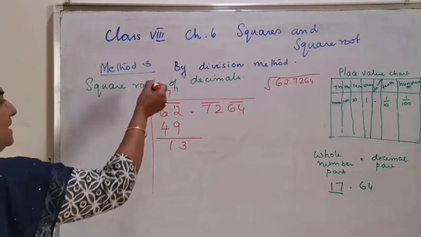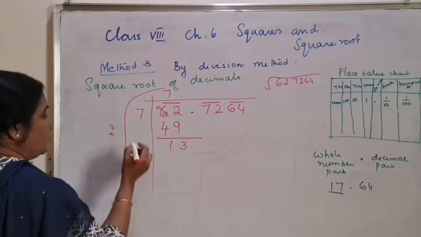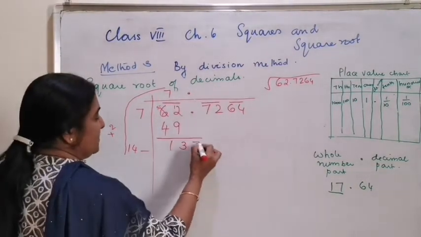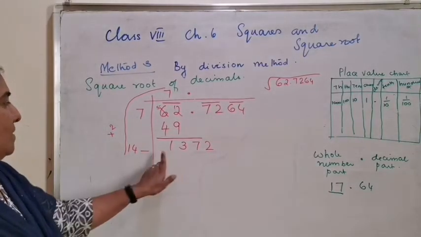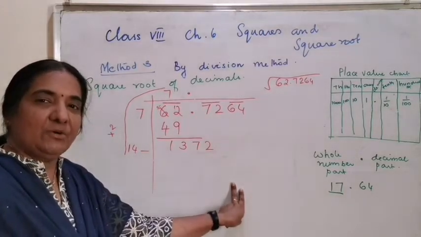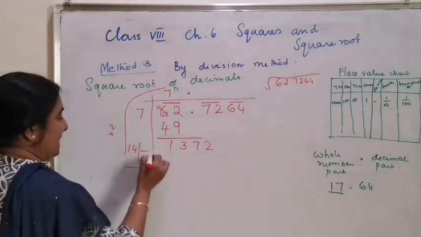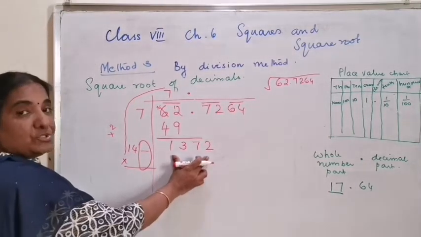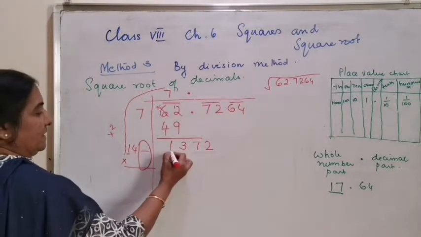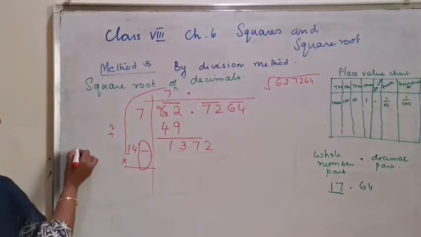Next, the double of 7, that is into 2 is 14, and 2 digits of 72 is coming down, that is 1372. 2 more digits have to come down, so you have to find a digit in this place so that the answer should be close to 1372. To get 13, it's going as 13 times, so let's check with 9 times.